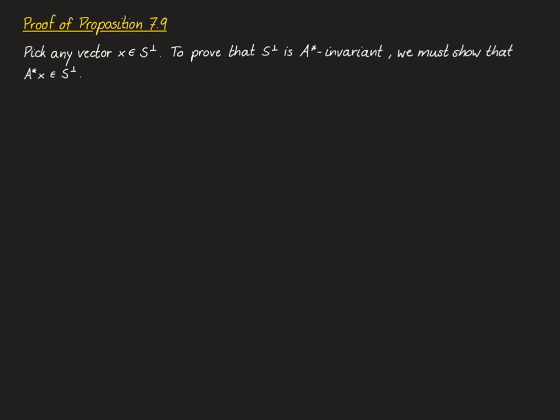For the proof of proposition 7.9, we pick any vector x in S perp. Now to prove that S perp is A star invariant, what we need to show is that A star x is also an element of S perp. To this end, observe that for any vector y in S, the following holds.